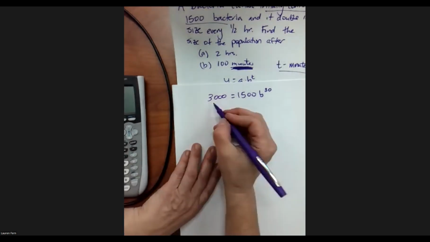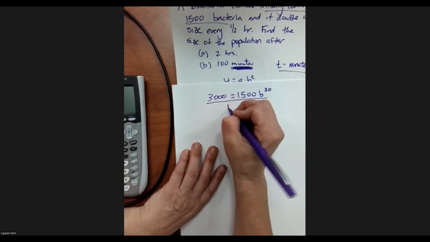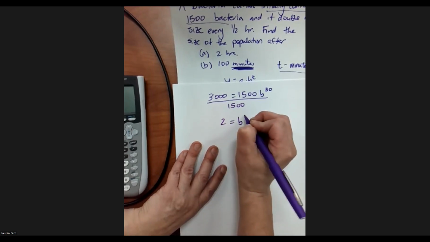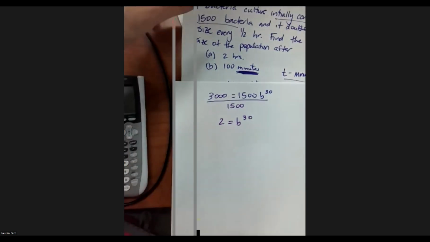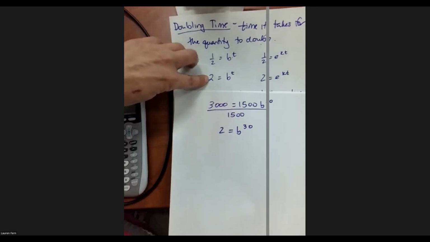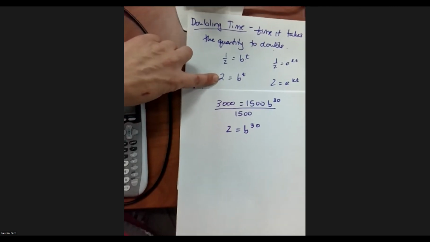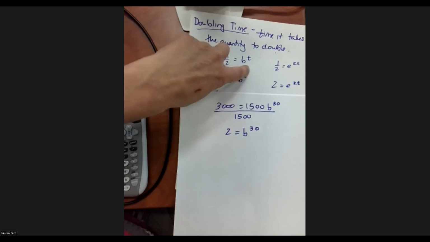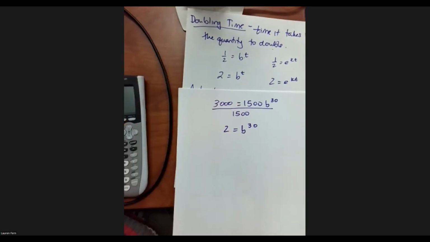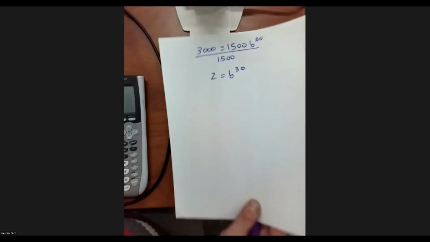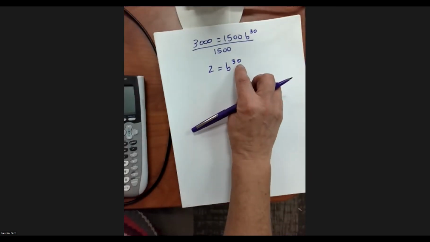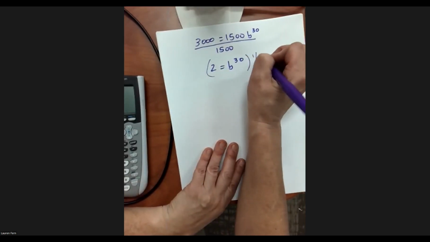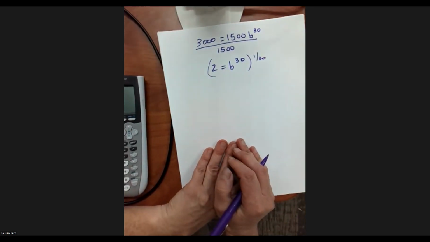All right, well, how do we solve for B? First thing we do is divide both sides by 1500. Notice, we get 2 is B to the 30th. Doesn't that jive with what we have right here? All right, how do we find B? Raise both sides to the 1/30 power.